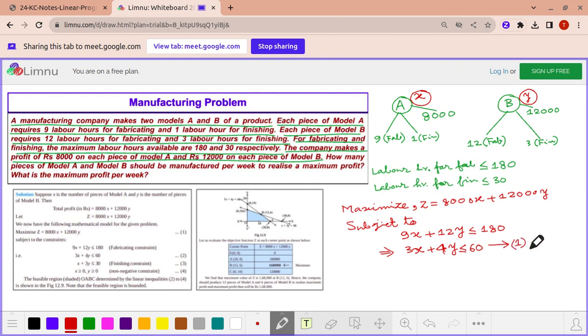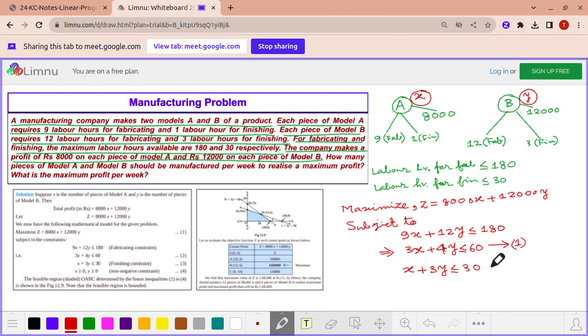And the second constraint is that the labor hour for finishing is maximum 30. In a similar manner, for manufacturing per piece of model A, the finishing labor hour is 1. So for x units it will be 1 into x, that is x. Similarly, plus 3y, so x plus 3y should be less than or equal to 30.